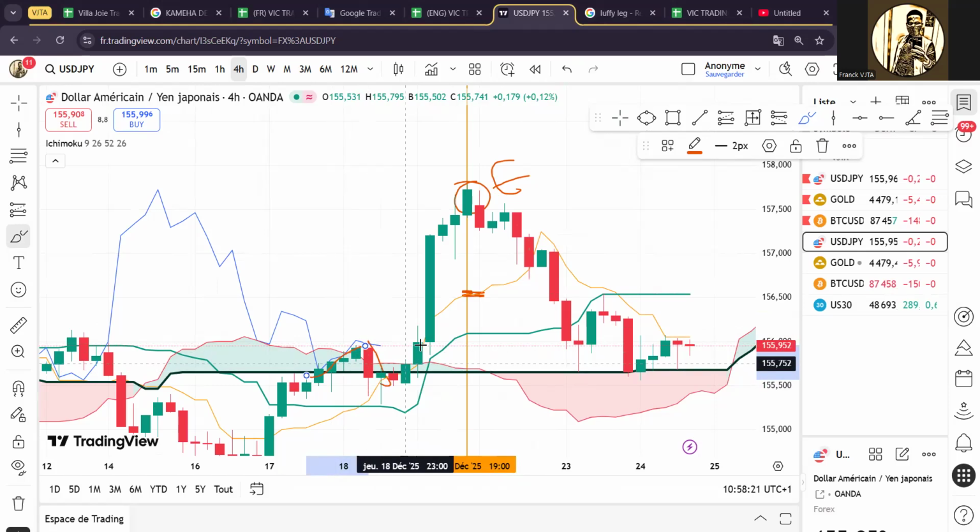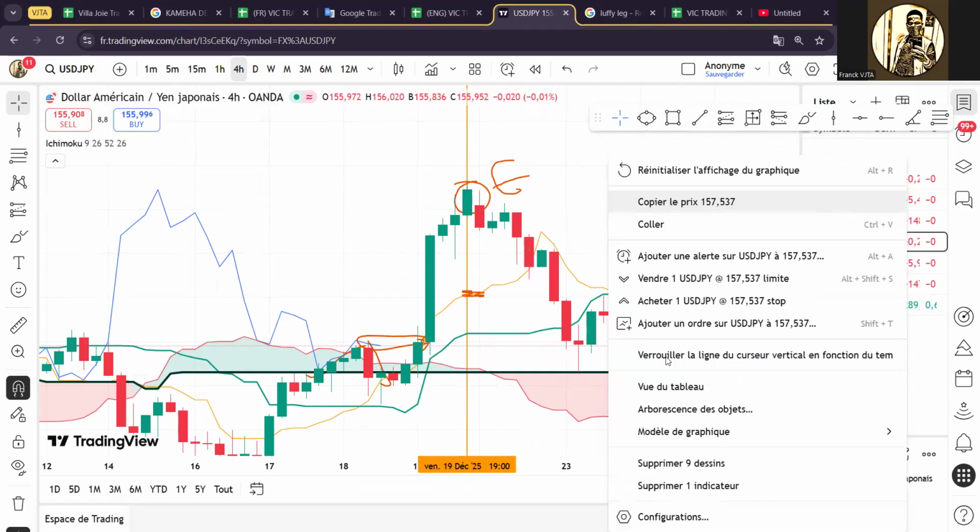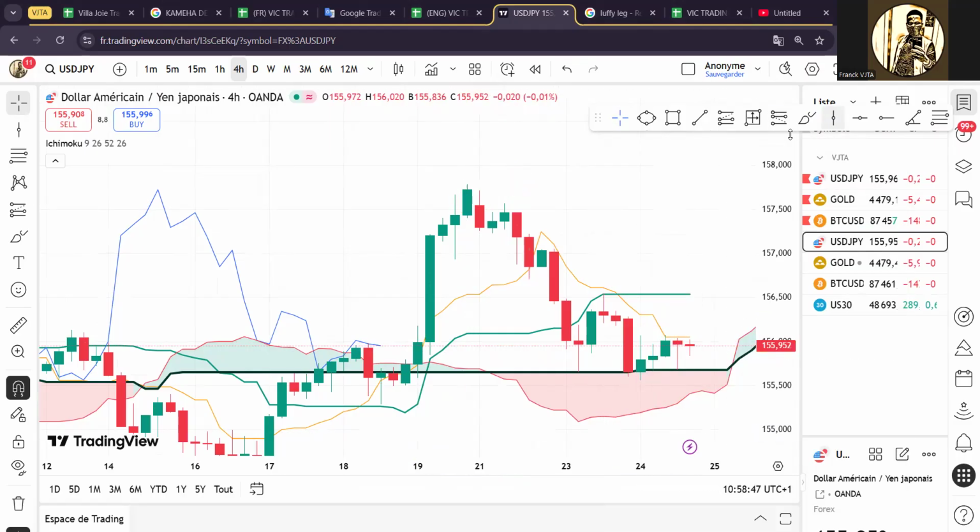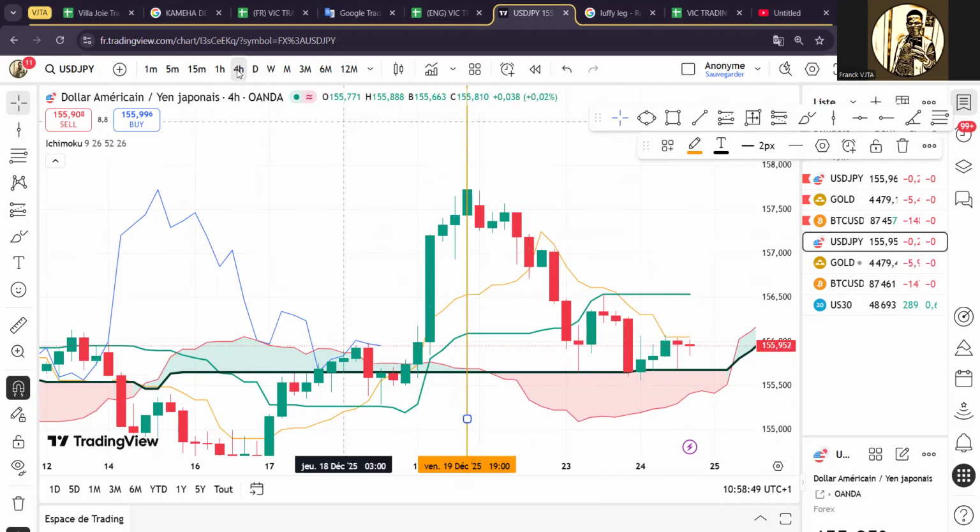This Tenkan just passed the VRS, and since the Tenkan passed the VRS, the candle has not yet reversed itself. So it should reverse. The candle will reverse very soon. That's the first thing that you have in mind: the Tenkan VRS always plays out.